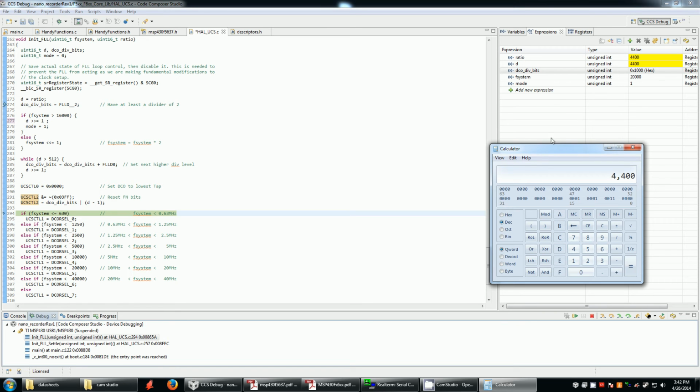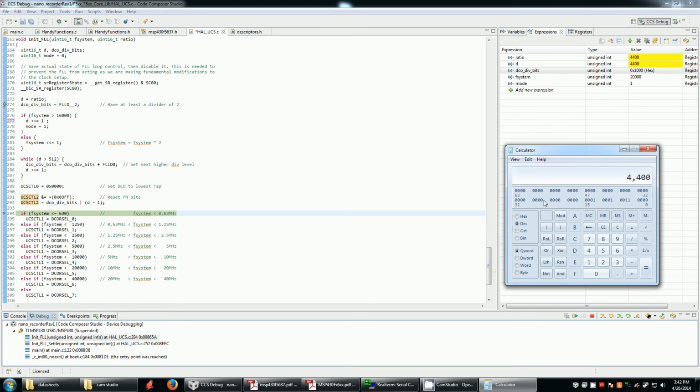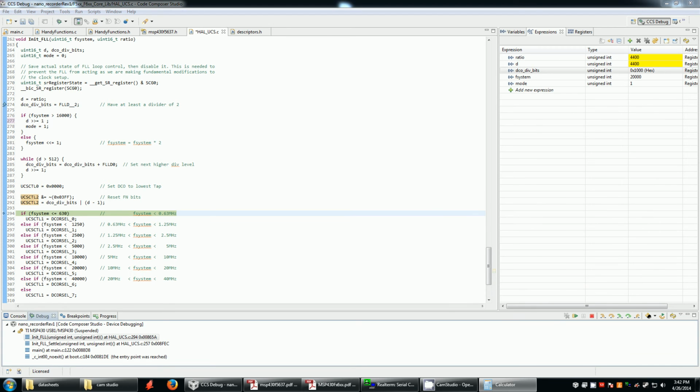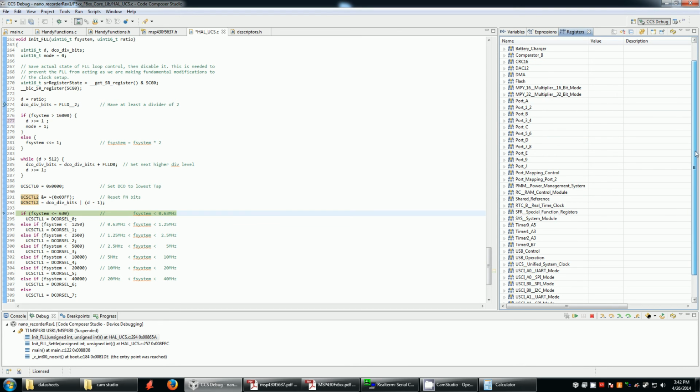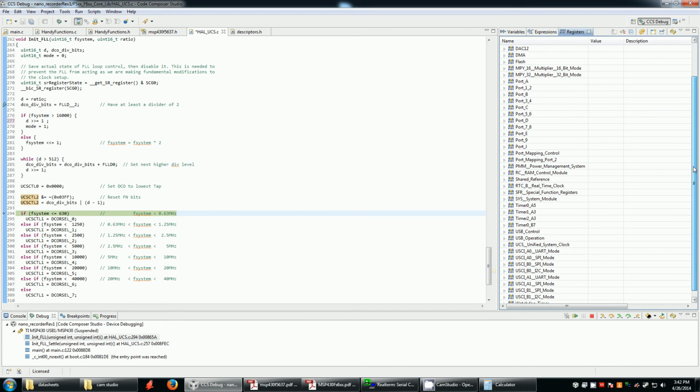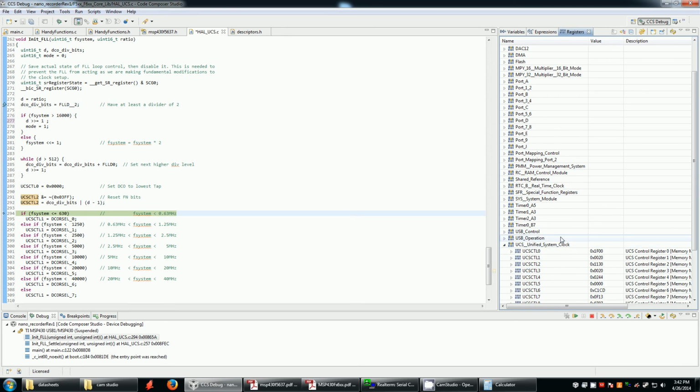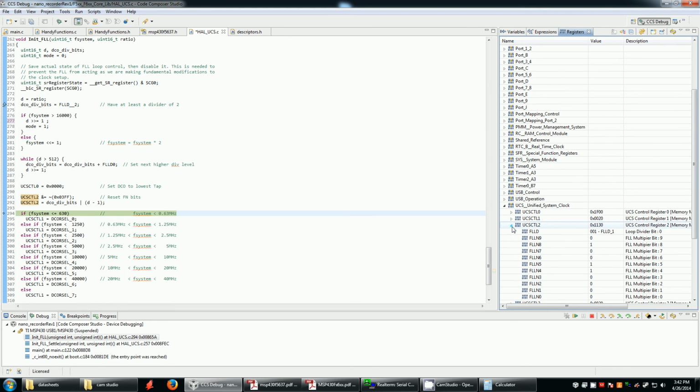Okay, that makes sense. So our register is configured to 1130. Let's go to registers. Let's check this in our special function registers. Where is it? Unified clock system, clock control register 2, 1130.